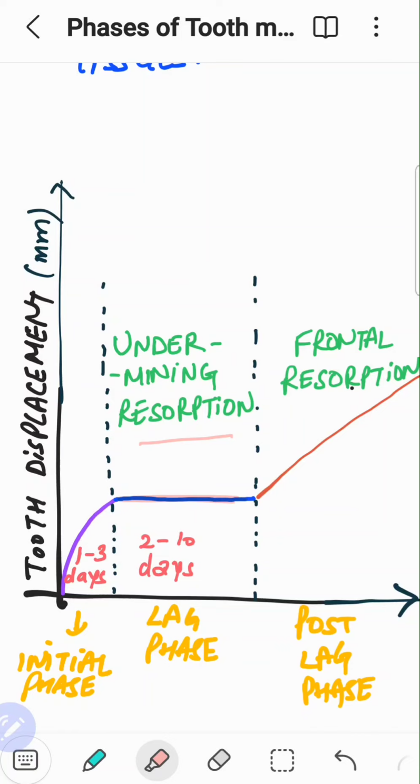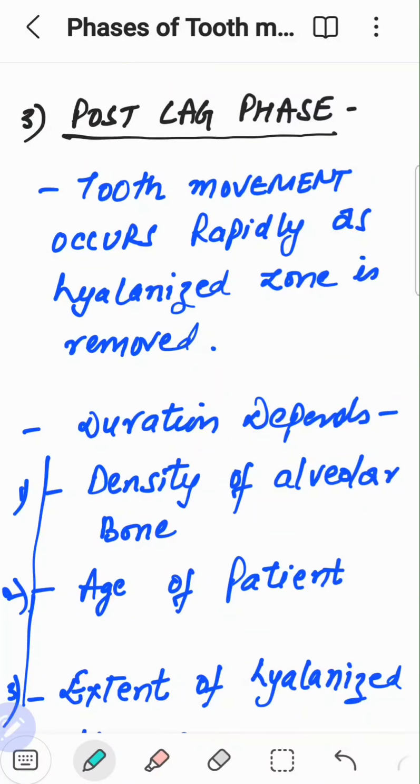Let's proceed to the next phase, which is the post lag phase, or the acceleration or the linear phase. As we have discussed previously, for the hyalinized area to clear itself, it takes time. Whenever the hyalinized area is cleared, rapid tooth movement is seen because the necrosis has been cleared away by the body's physiological process. The duration depends upon, one, the density of alveolar bone, number two, the age of the patient.